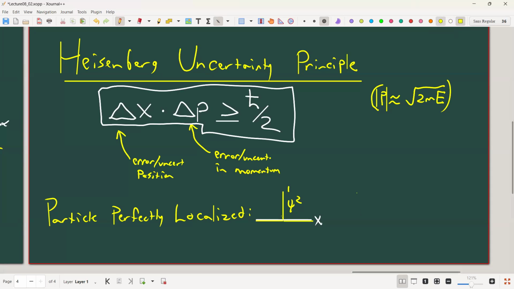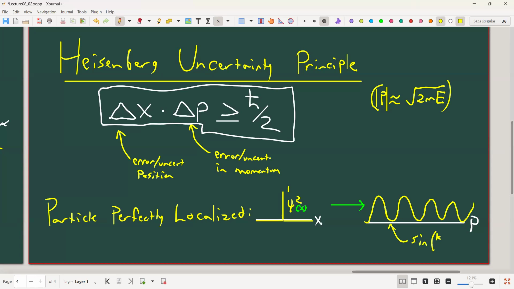In fact, if I were to transform this to a wave function not in terms of x, but in terms of momentum, and plot the probability of finding the particle at momentum p, this is a sine wave.